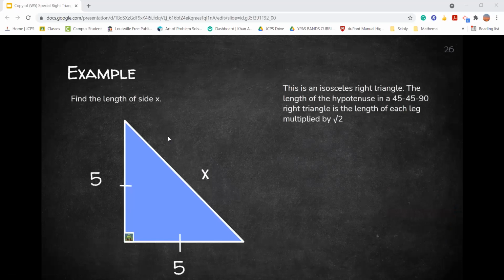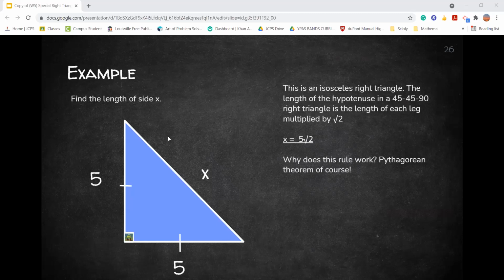So for example, try to find x here. And you don't have to actually say the decimal number. Yeah, so it's 5 square root 2.